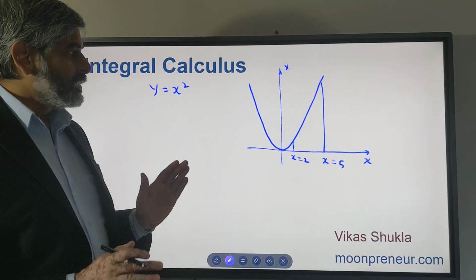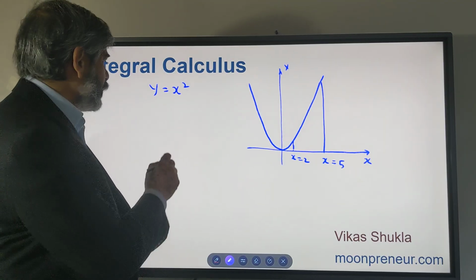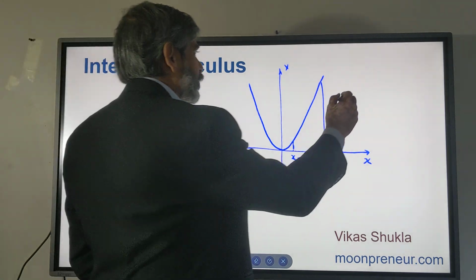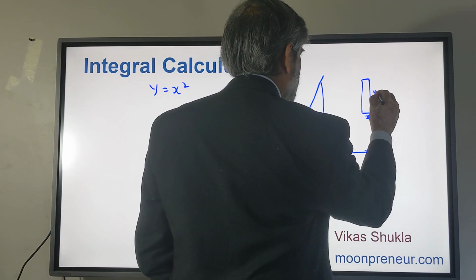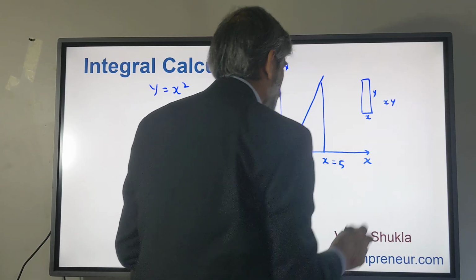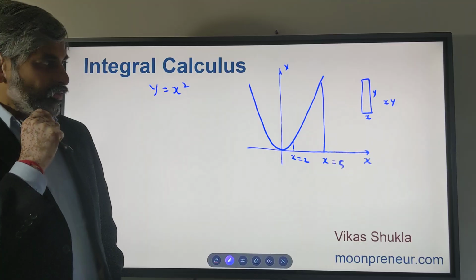Now we know that there is no standard way of finding this area. Like if we are given a rectangle of sides x and y, I know that the area is xy, but there is no standard way to calculate this.